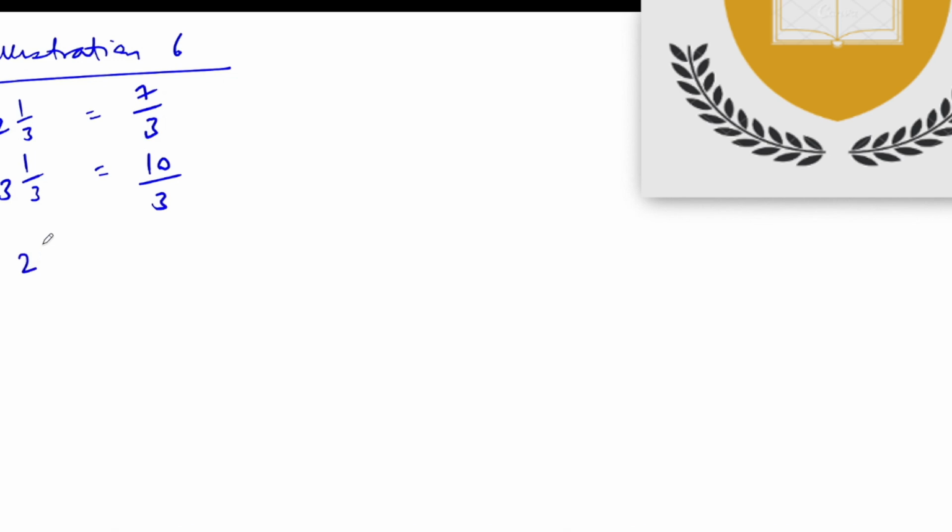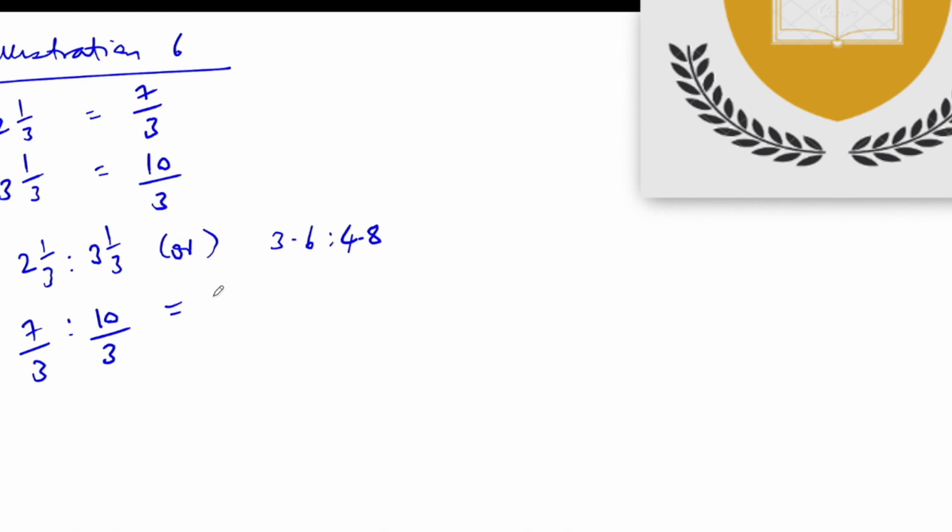Is it 2 and 1 by 3 is to 3 and 1 by 3, or is it 3.6 is to 4.8? So 2 and 1 by 3 is to 3 and 1 by 3 is 7 by 3 is to 10 by 3, which is also equal to 7 is to 10. We can just drop this by 3 here.